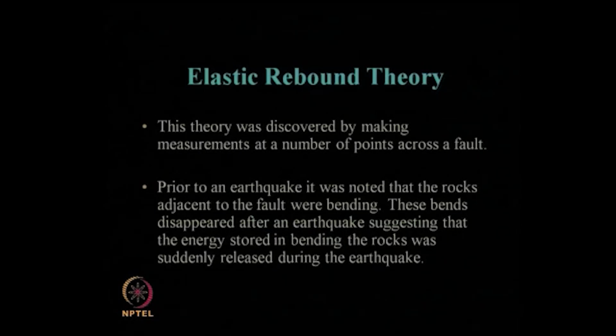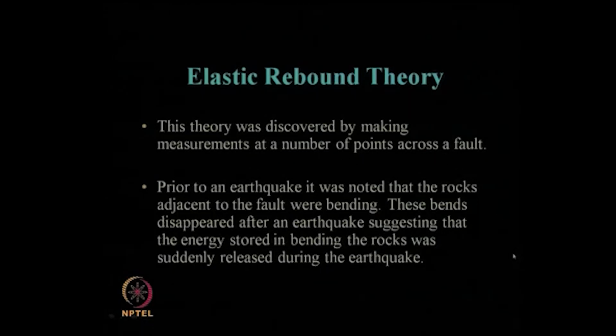Now, before we talk about the types of faults, we should know one theory which is known as elastic rebound theory. What is this? This theory was discovered by making measurements at a number of points across a fault.